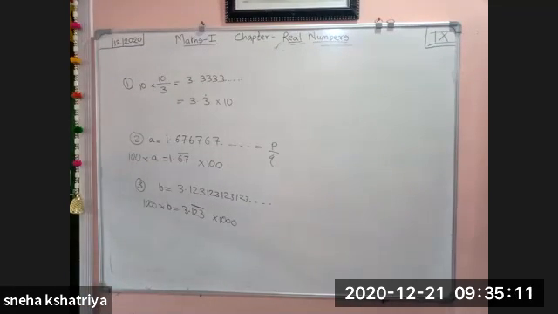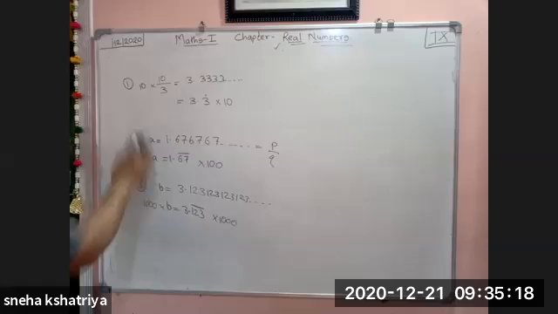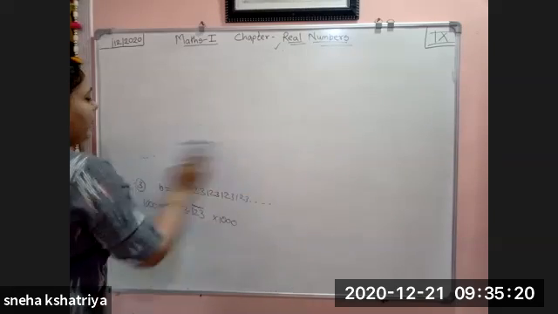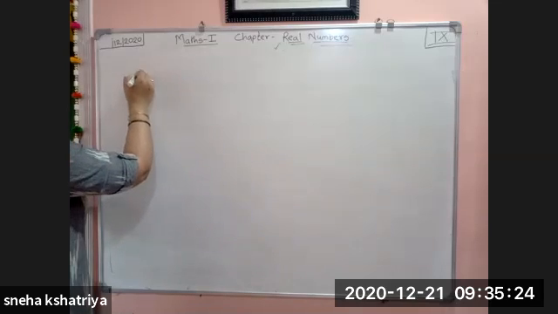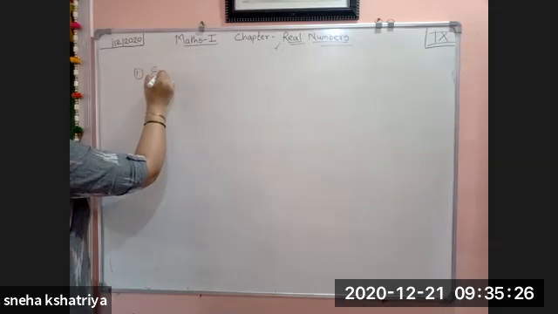Now here one solved example we will take: express the recurring decimal in p by q form. This way we will see how it is actually going to work.